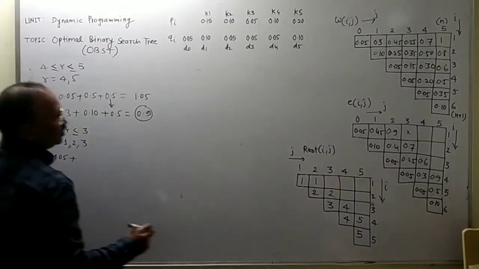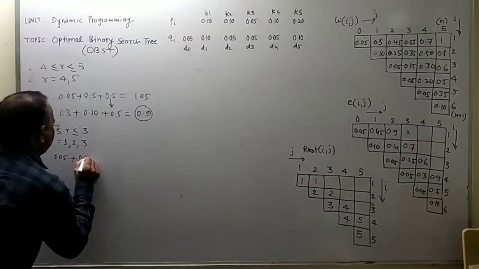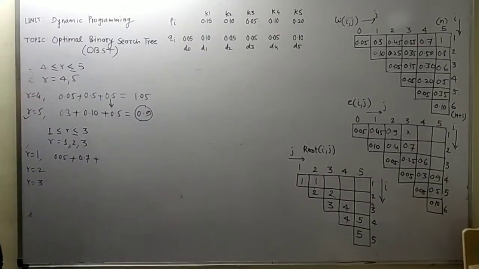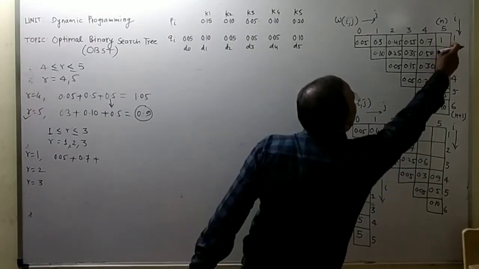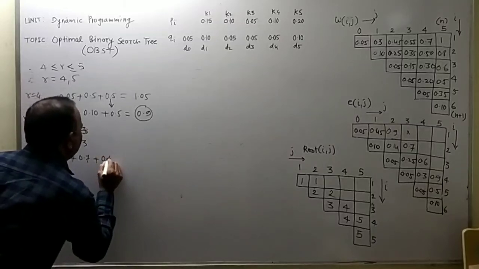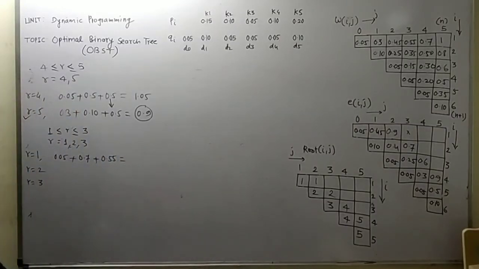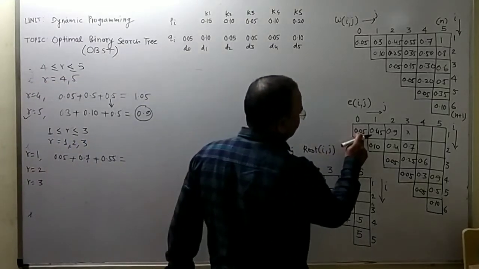0.05 plus downside value is 0.7 plus value at 1, 3 place in W table. 1, 3 place it is 0.55. 0.55 is equal to. For second equation, already we have considered this one.